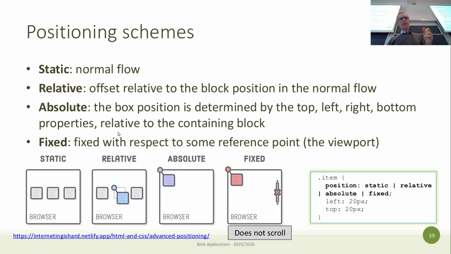Relative is when we apply an offset with respect to the previous static position in the so-called normal flow. Absolute is relative to the containing block. And fixed is fixed to a reference point, typically the viewport, so the window.